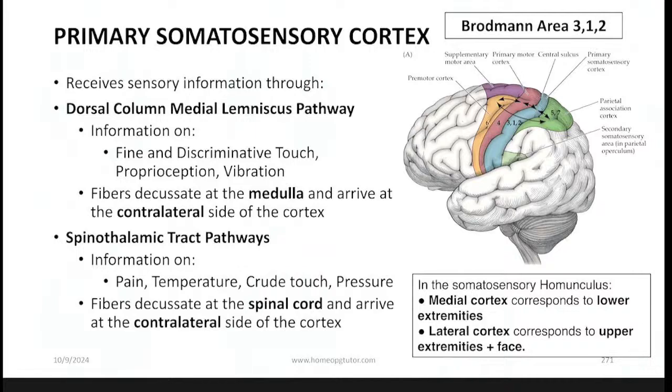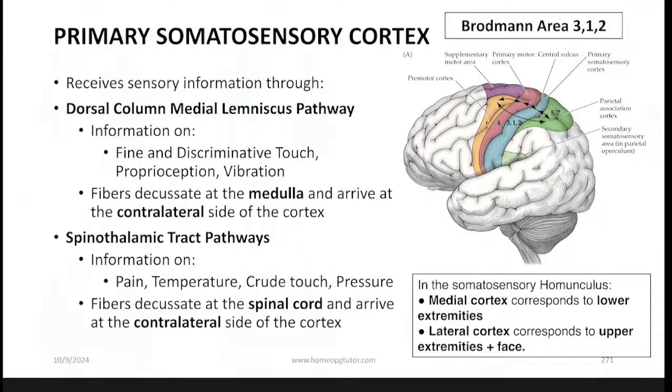From there, all the information on fine and discriminative touch, proprioception, and vibration comes. From T6 and T5, from there the fibers are going to come. They decussate at the medulla, and then they are going to arrive at the contralateral side of the cortex. That is about the dorsal column medial lemniscus pathway in relation to the primary somatosensory cortex.